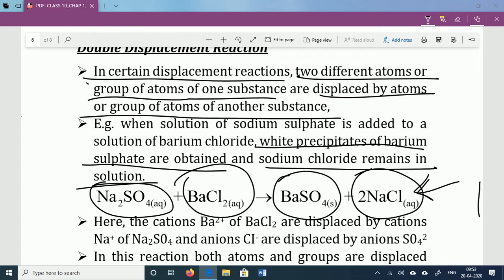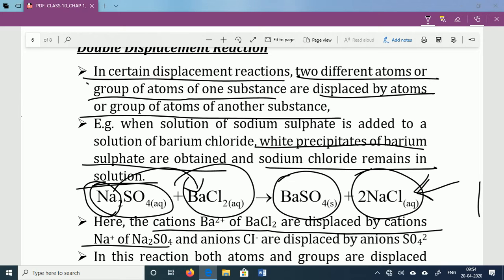How? Here we observe that the cation Ba2+ of BaCl2 is displaced by the cation Na+ of Na2SO4, meaning Na+ displaces the Ba2+ from the BaCl2 solution.